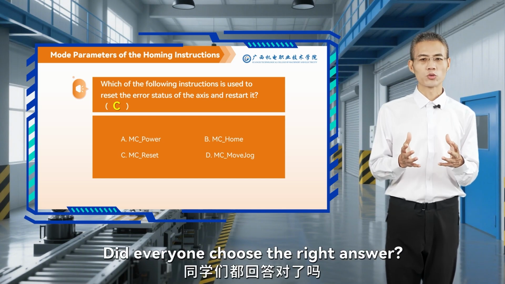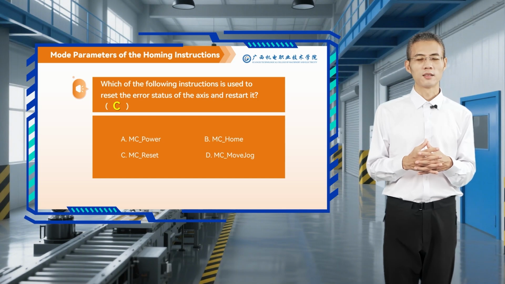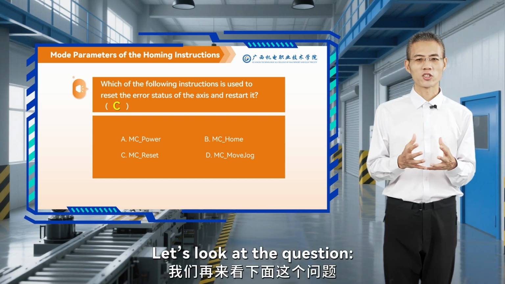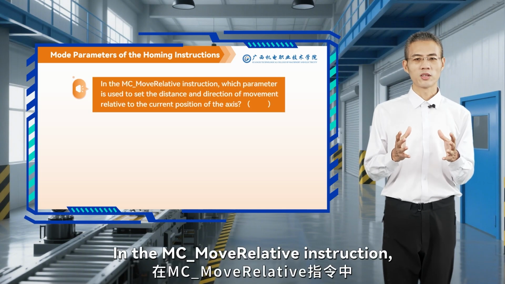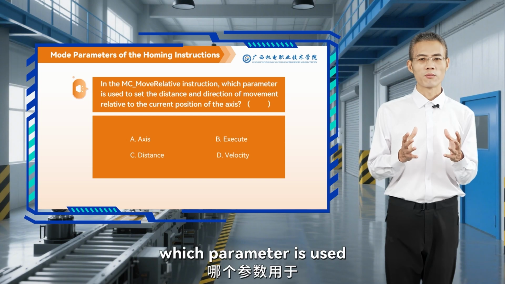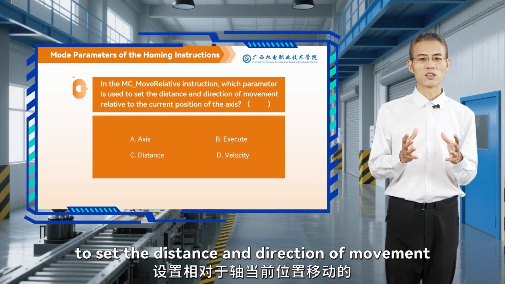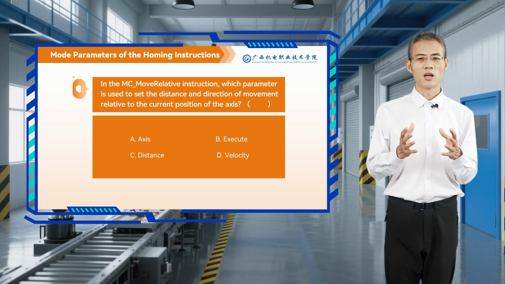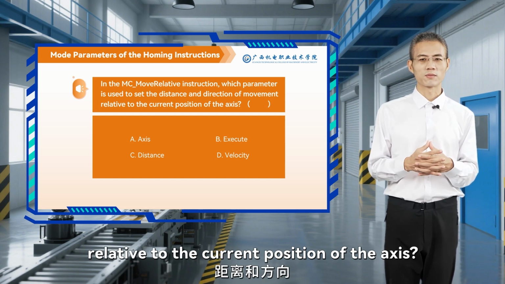Did everyone choose the right answer? Let's look at the question. In the MC Move Relative instruction, which parameter is used to set the distance and the direction of movement relative to the current position of the axis?